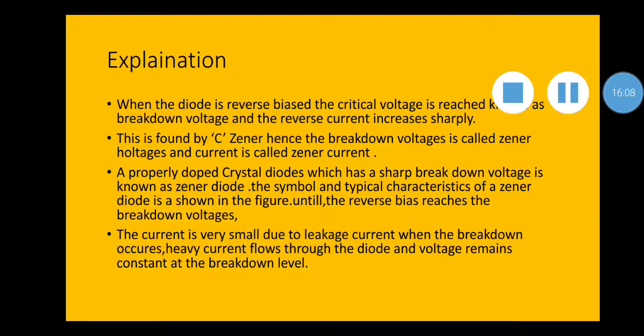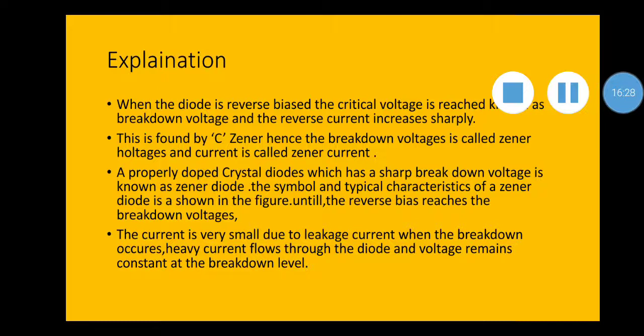A properly doped crystal diode which has a sharp breakdown voltage is known as a Zener diode. The symbol and typical characteristics of a Zener diode are as shown in the figure.